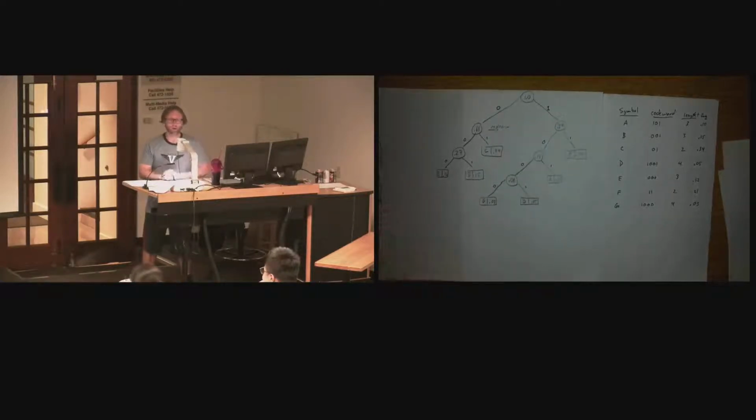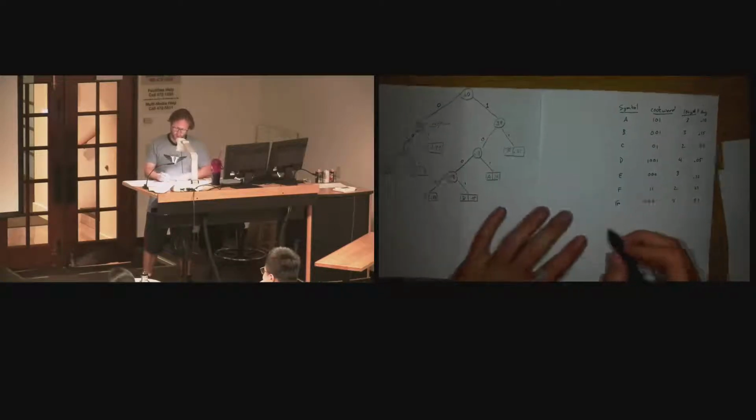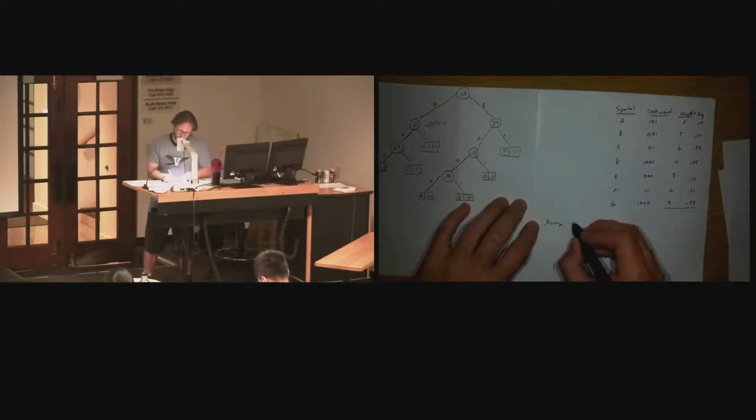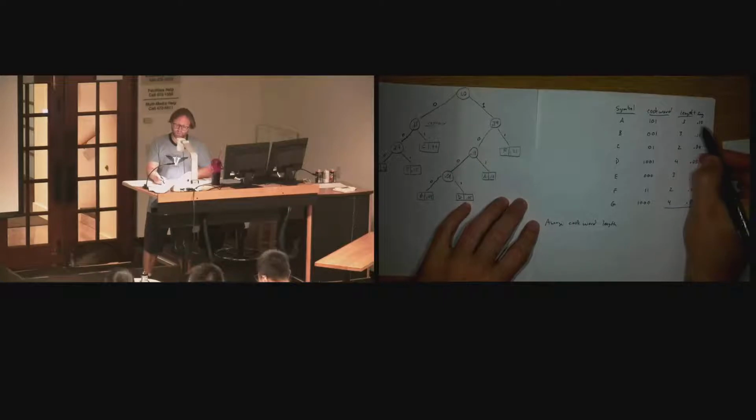Did we minimize the average code word length? Right? A proof of that is beyond the topic today, but let's just do some math here. What's our average code word length? Right? So your average code word length is simply going to be the length times the frequency.